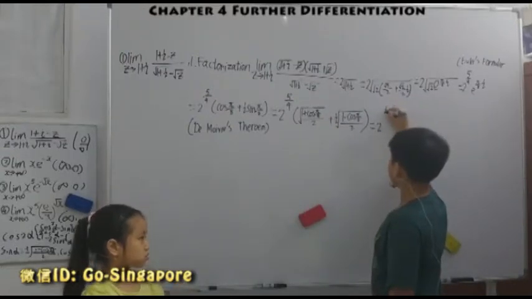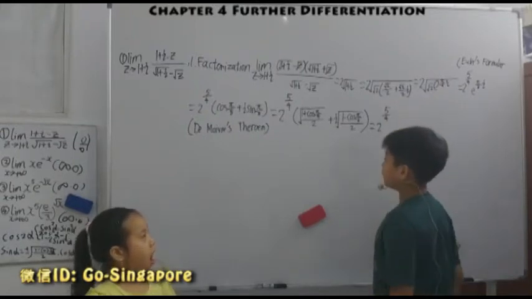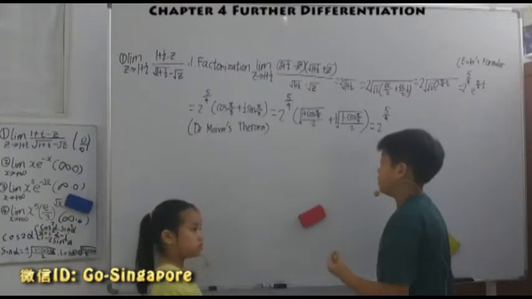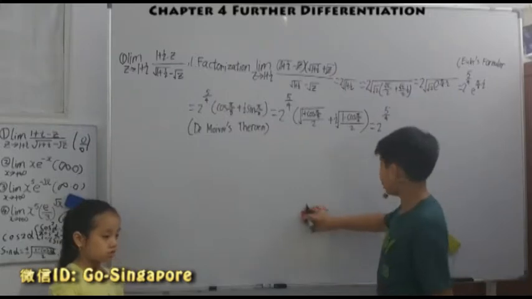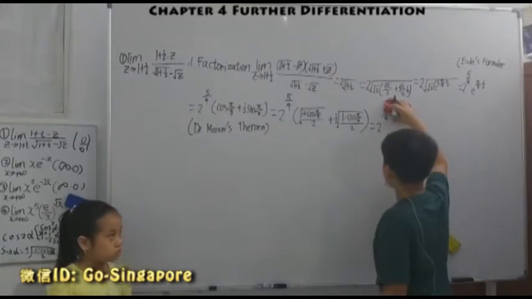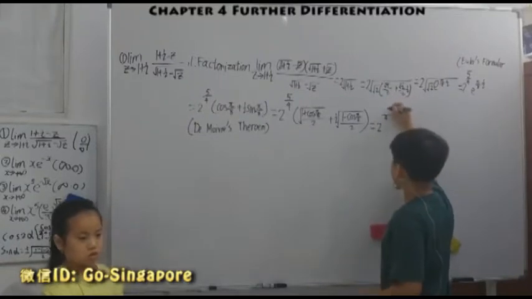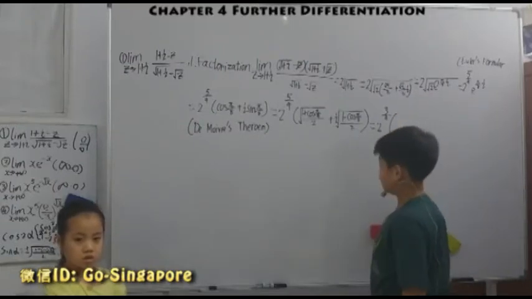So let's leave it here first. But can we take out the square root 2? But remember, this is actually a square root 1 over 2. So when you minus, it minus half, and half is 2 quarters. So it's left with 3 quarters.